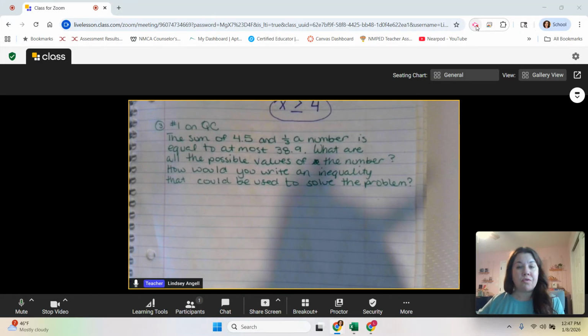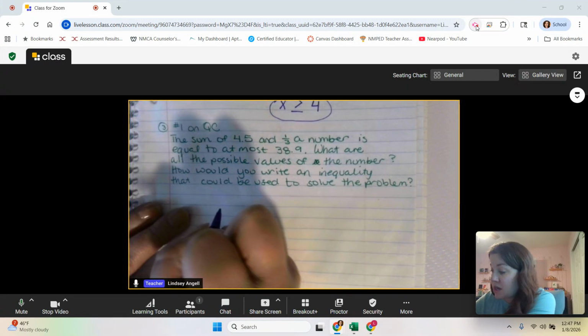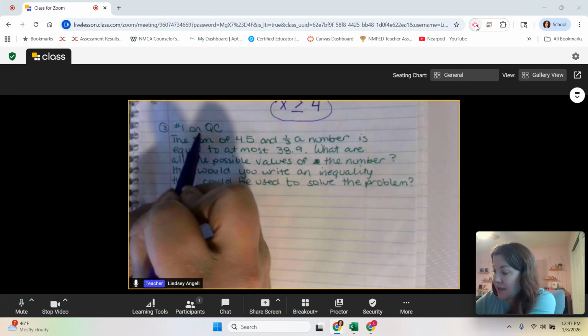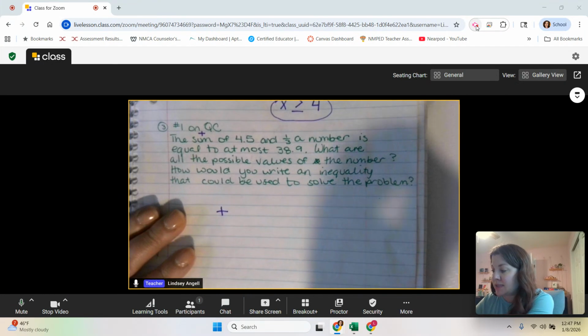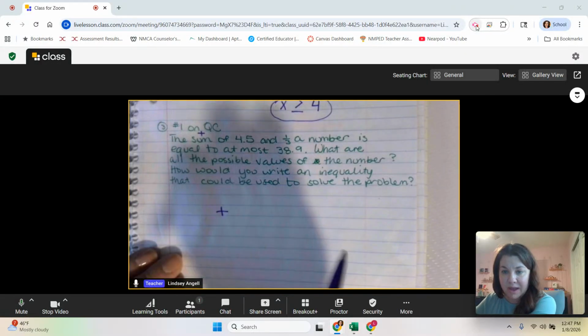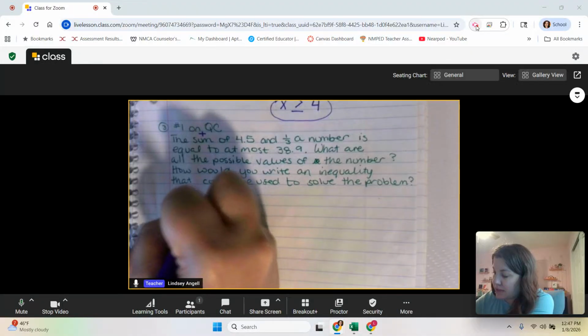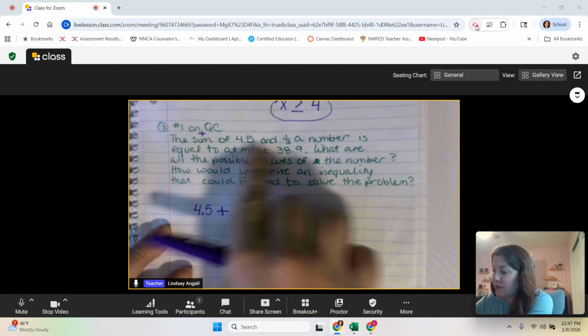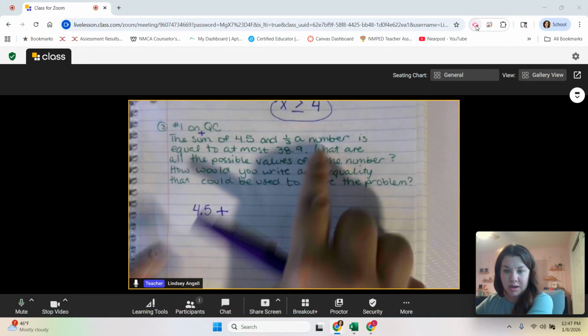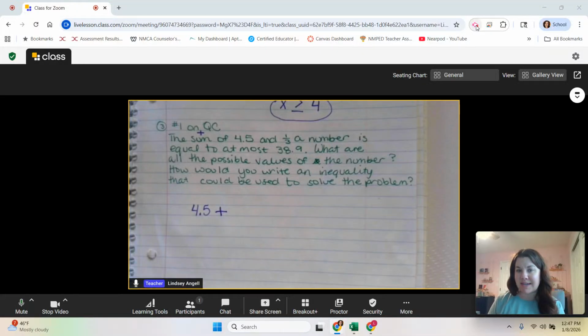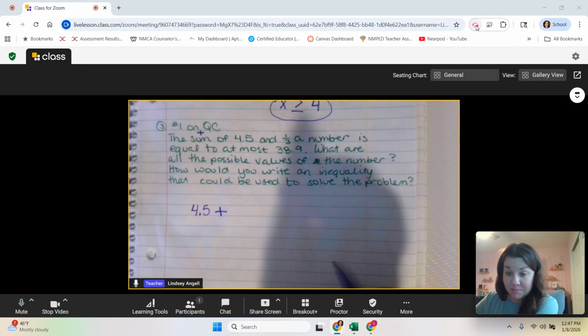Okay, so first off, the sum of, that's the answer to an addition problem. So I know that I'm going to be adding, right? There's my adding. The sum of 4.5, or 4 and 5/10, and 1/3 a number. Well, another way to say that could be 1/3 of a number, and if you're taking 1/3 of a number, then you're multiplying it by 1/3 or dividing it by 3.